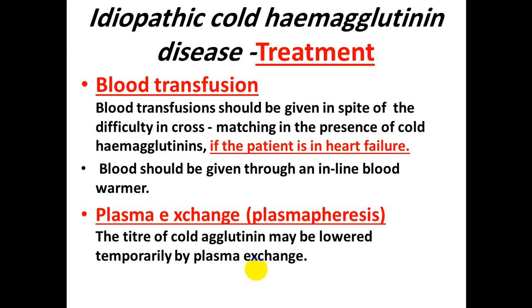Blood should be given through an inline blood warmer. Hot blood, not cold blood. And plasma exchange or plasmapheresis, removal of the autoantibody from the circulation. The titer of cold agglutinin might be lowered temporarily by plasma exchange.